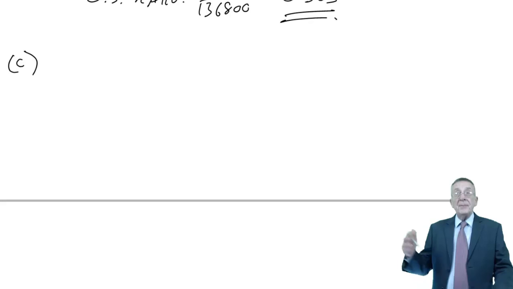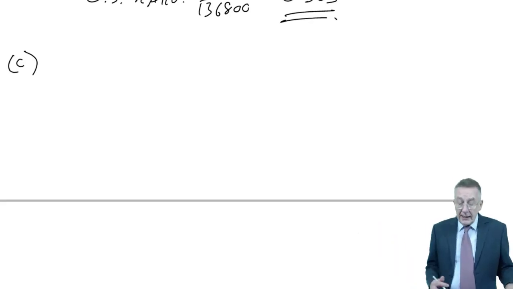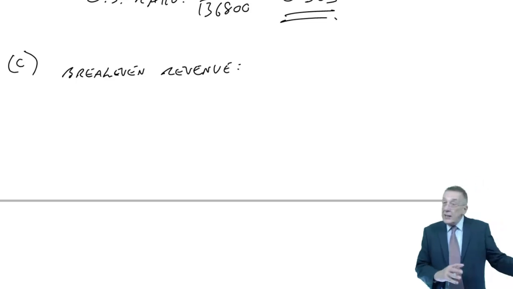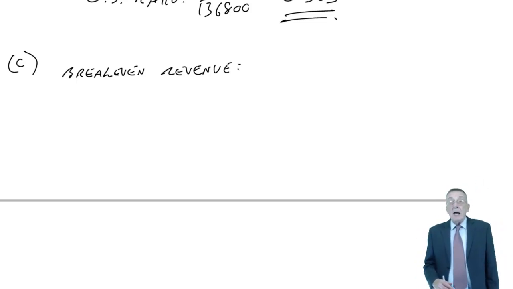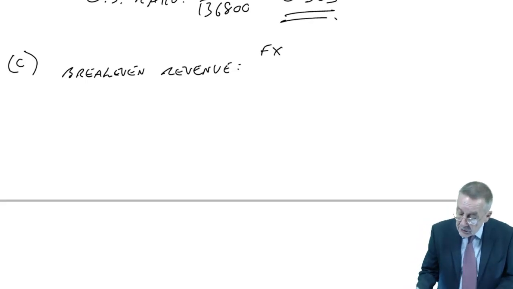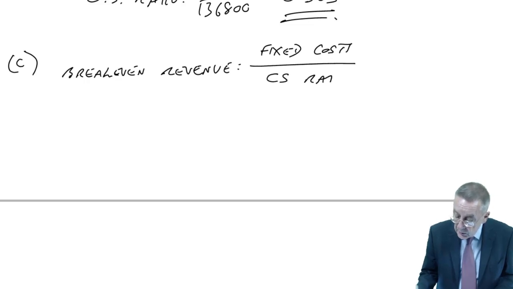So we can use that thing I showed you in the last lecture. Whether there's one product or several products, to get the break-even revenue, we just needed to take the fixed costs and divide by the CS ratio.